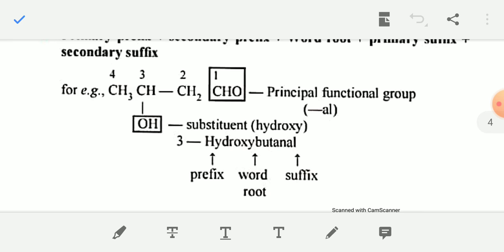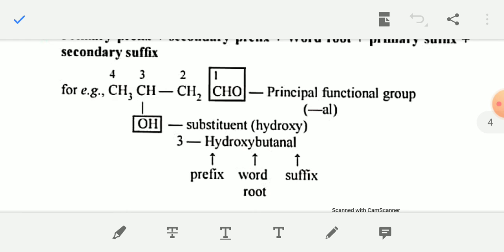Here one example is given: CH3, CHOH, CH2, CHO. Two functional groups are present, OH and CHO. CHO is the principal functional group and OH is the secondary functional group.